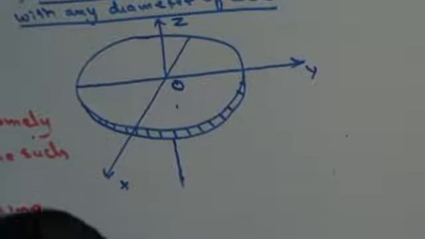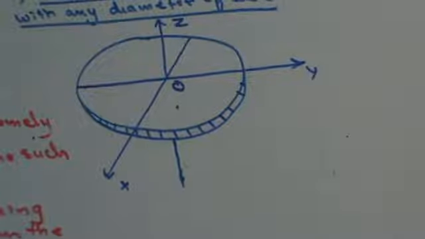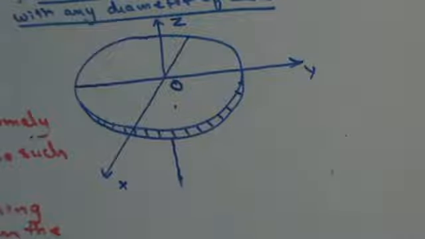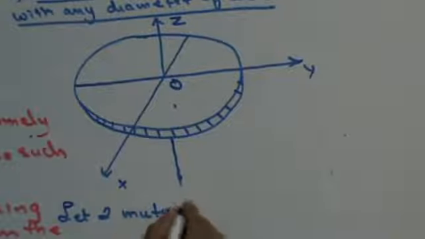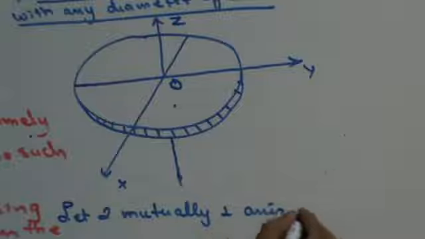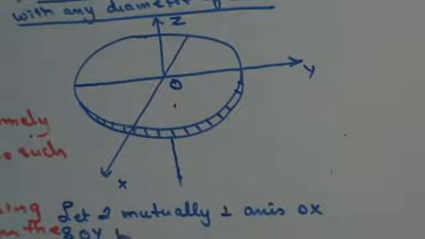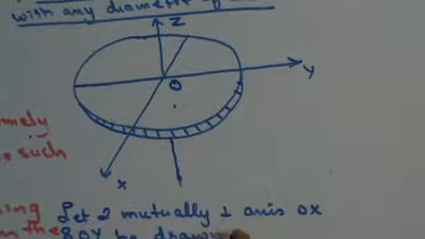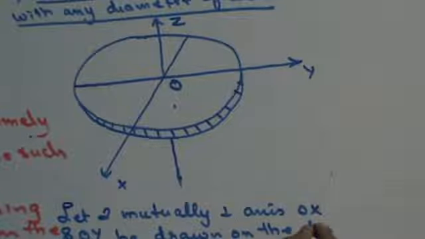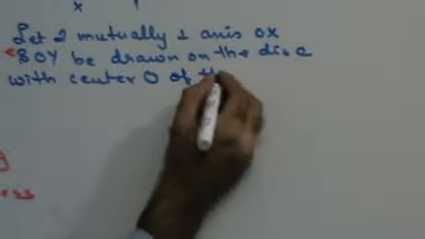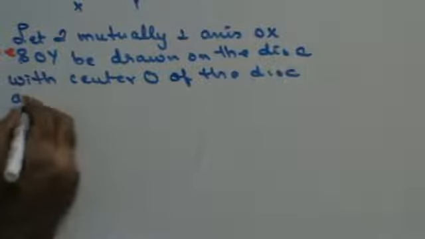Let two mutually perpendicular axes OX and OY be drawn on the disk with center O of the disk as the origin.